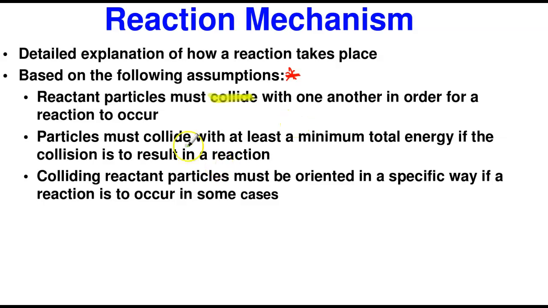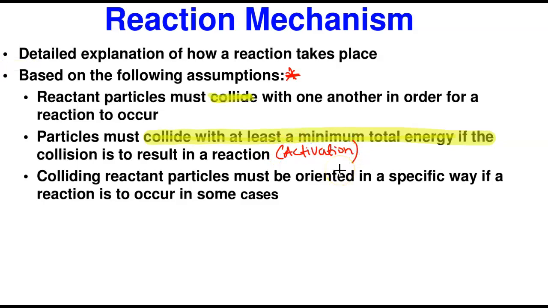Number two, the particles must collide with at least a minimum total energy. Yes, they have to collide with a minimum total energy. This minimum total energy is what we call activation energy, which I'm going to introduce on the next page.